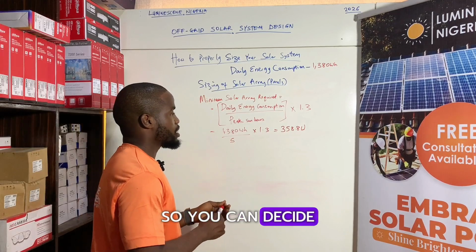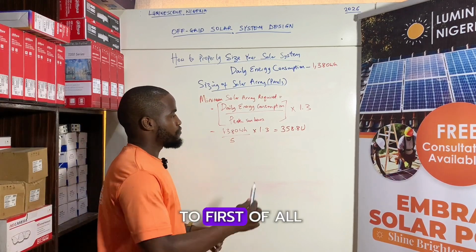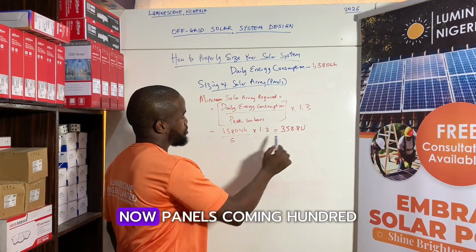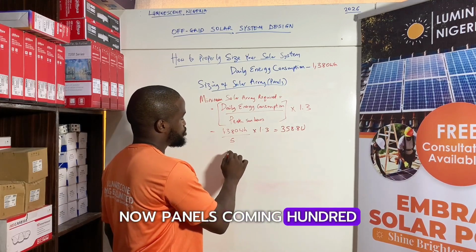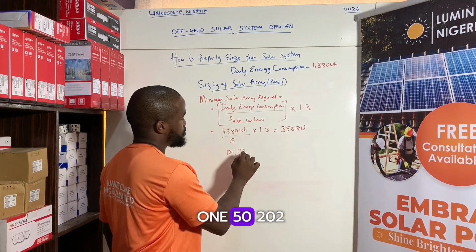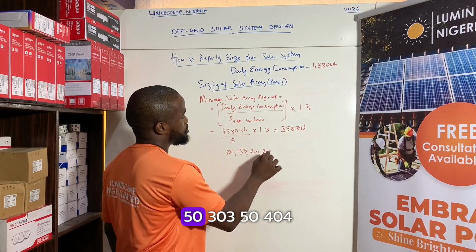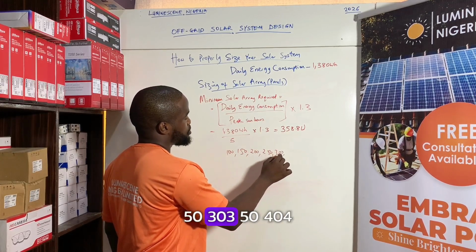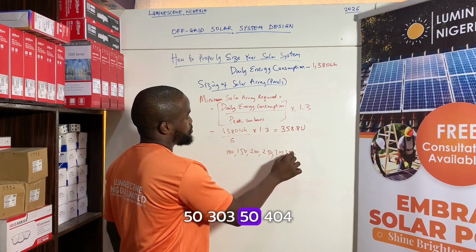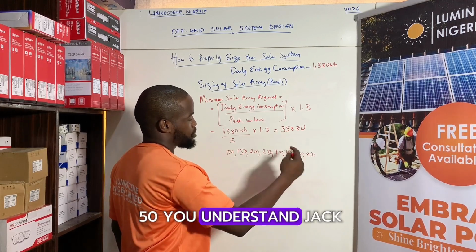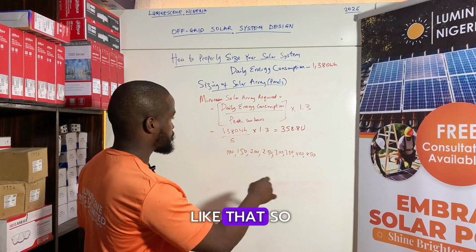So first of all, let's round this up. Panels come in 100, 150, 200, 250, 300, 350, 400, 450. You understand the jack? It keeps on going like that.